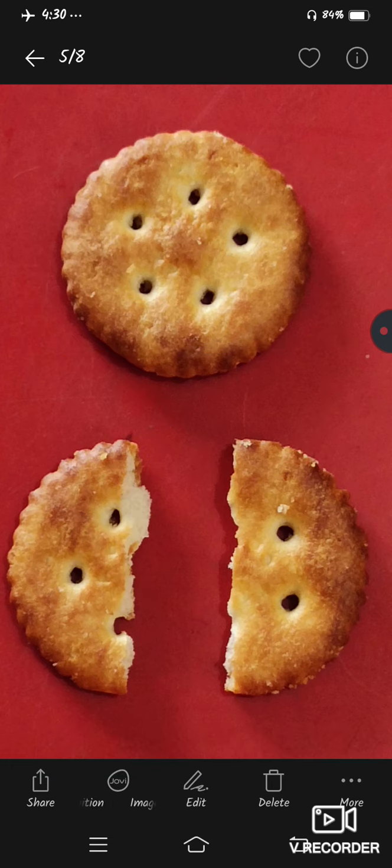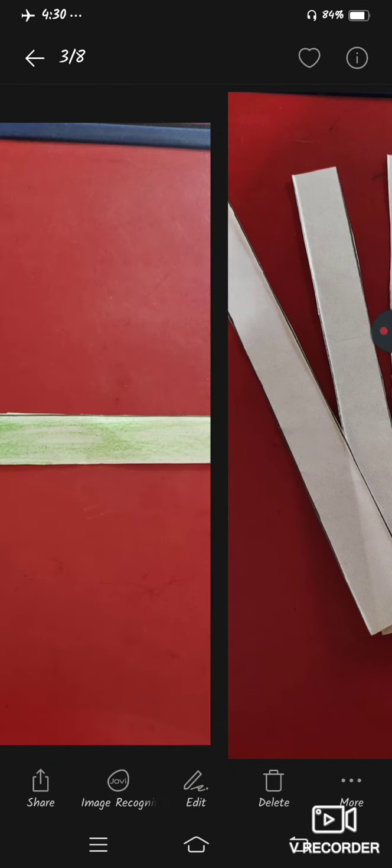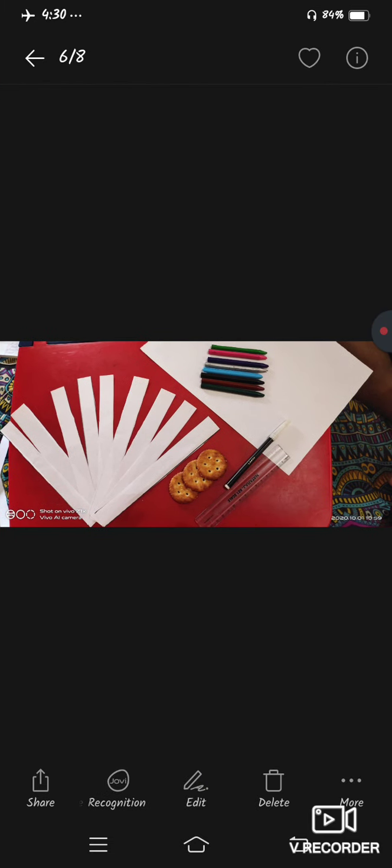Now let's move on to the activity. For this we need a piece of paper, sketch pen, one scale, colorful pencil or crayon, whatever you have.